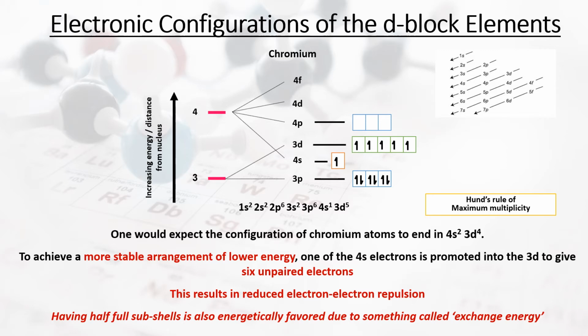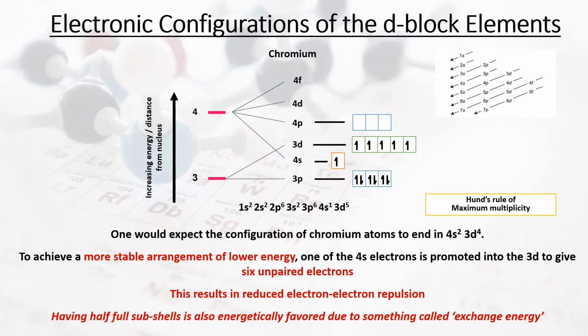They're all unpaired. But I have 2 electrons in my s orbital. Now, while my s orbital is still technically bigger than the d orbitals, there's still electron-electron repulsion between those 2 electrons. So what I can do instead is promote one of those electrons to the 3d. Remember, I said the 3d and the 4s orbital energies are fairly close, so it doesn't take so much energy to be able to promote that electron up.